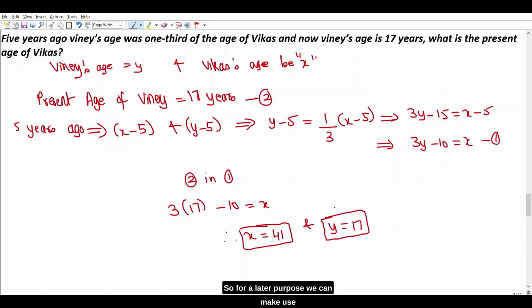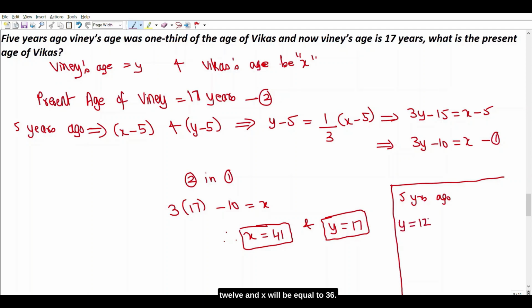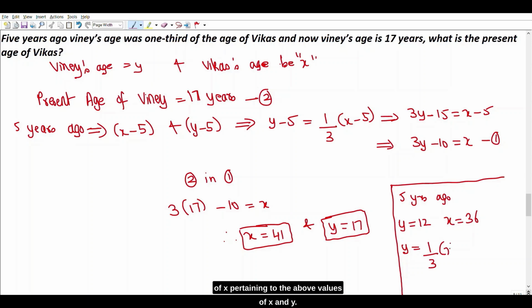So for verification purposes, we can make use of that: 5 years ago y will be equal to 12 and x will be equal to 36. So it is very clear that 5 years ago Vinay's age, that is y, can be written as 1 by 3 of x pertaining to the above values of x and y.